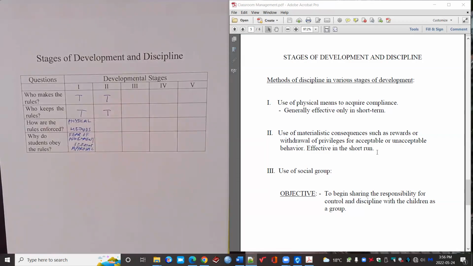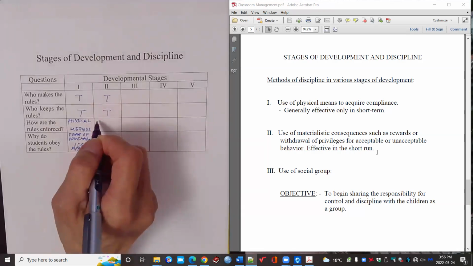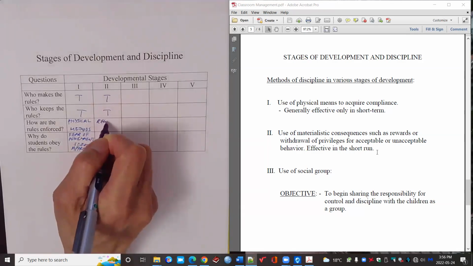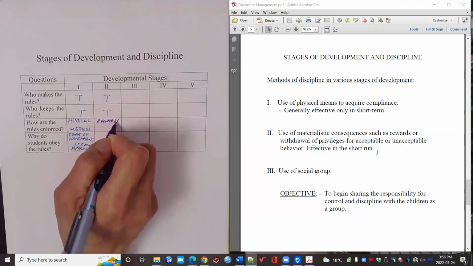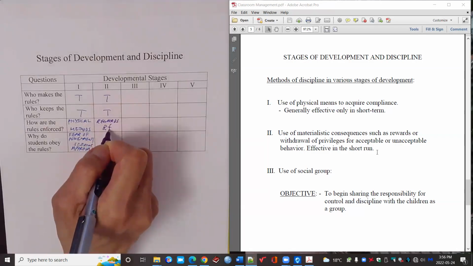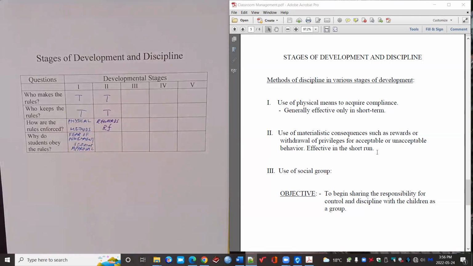Of course, here, concrete rewards or reinforcement, like praise, okay? That type of thing. And why do students obey the rules? Just to gain some materialistic rewards or to avoid losing rewards.